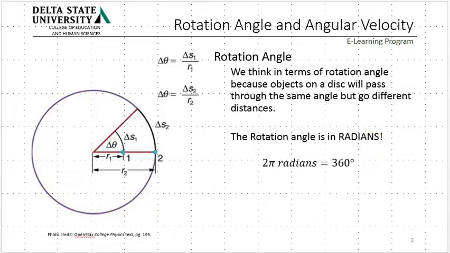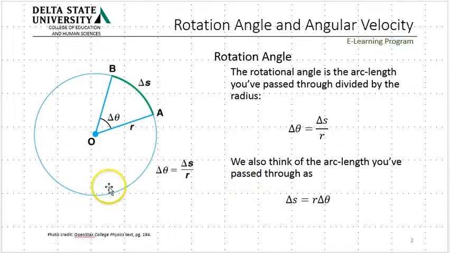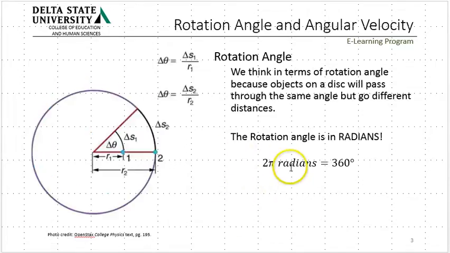However, when you use this formula, we're talking about radians, and we know 2 pi radians equals 360 degrees. So you want your angle in radians, you take your radius in meters, and the radius times the angle gives you the arc length in meters.